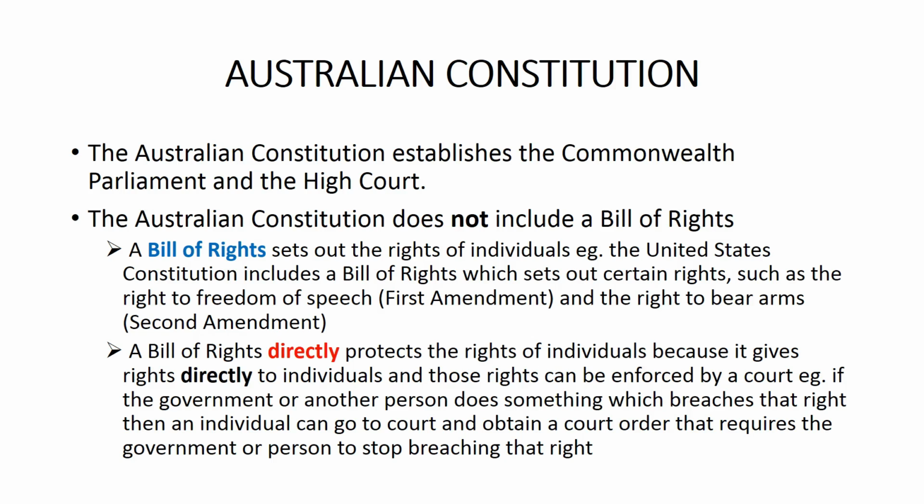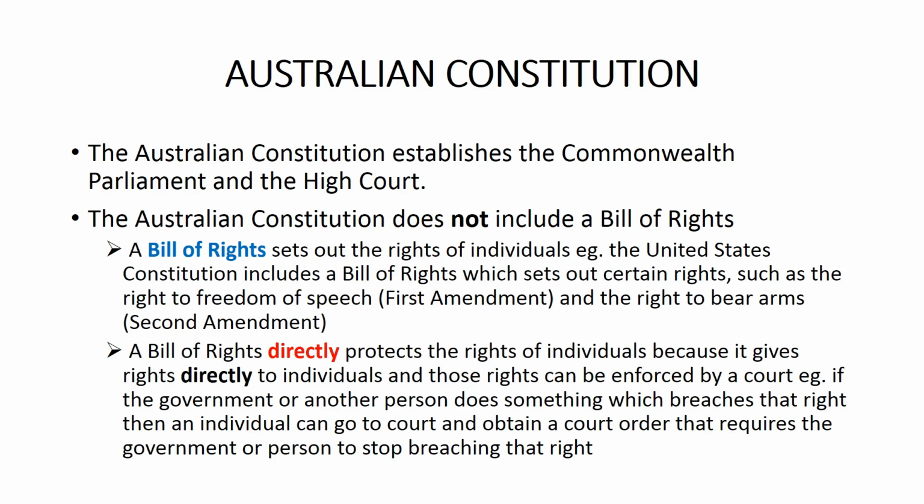Taking the United States as an example, where, as I've said, people have the right to freedom of speech under their Bill of Rights. Let us suppose that the United States Parliament, that is the Congress, passed a law that prohibited people from criticising the United States government.